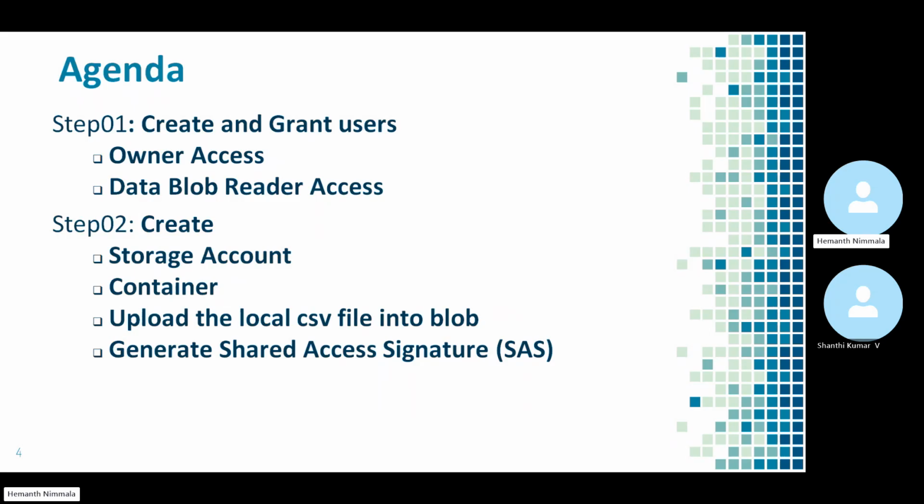A container can hold different types of data: blob, file, queue, or table. For this demo, we are going ahead and creating a blob. And we will also import the mock data, which is already there in one of the CSV files, into this container.